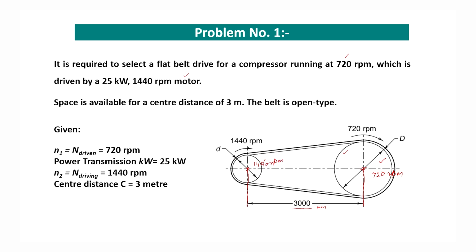And so the velocity ratio between these is a velocity reduction equal to 1440 divided by 720, and which is equal to 2. So reduction of the speed is achieved by this drive equal to 2, and the power is 25 kilowatt, and the center distance is 3000 mm.